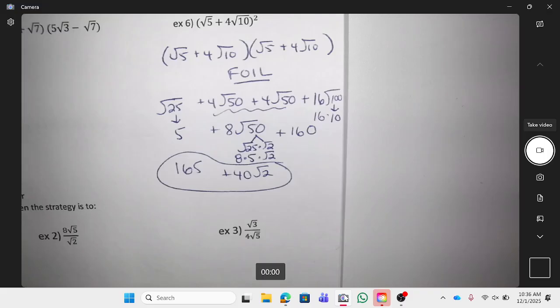So on your test, you're going to have these instructions: make sure everything is simplified. If you leave a root 50 on a test, I will have to deduct you because it's not simplified. You're going to have to break that down a little bit.